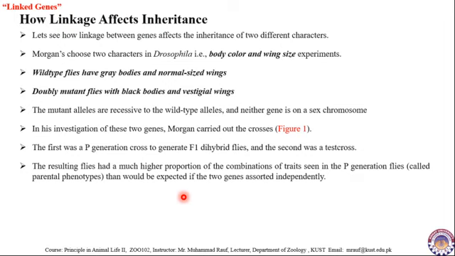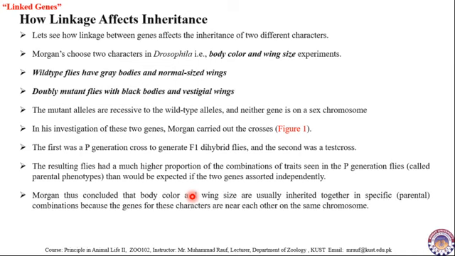So he concluded that the progeny achieved in the F2 generation is different from the one which is expected for a cross between two genes that assort independently.